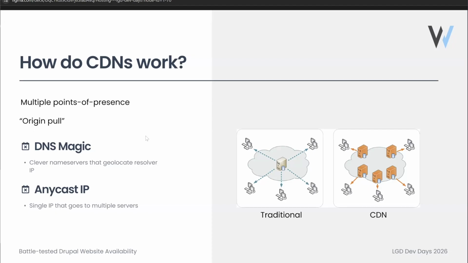Speaking from a Fastly experience, the way that it can route traffic is using either DNS, and so they've got a magic DNS server that can tell where you're coming from. Well, strictly speaking, it's the IP address of your DNS resolver that they can tell where it's coming from.